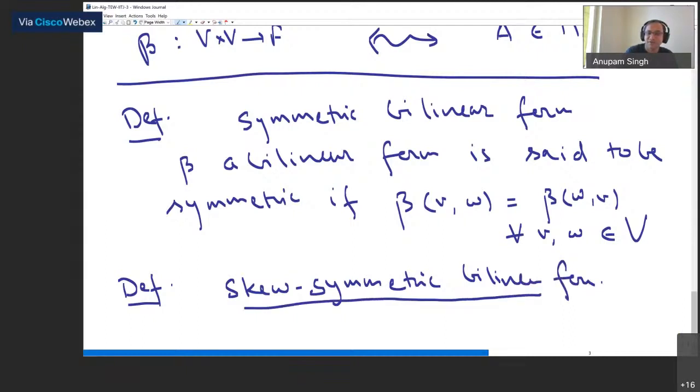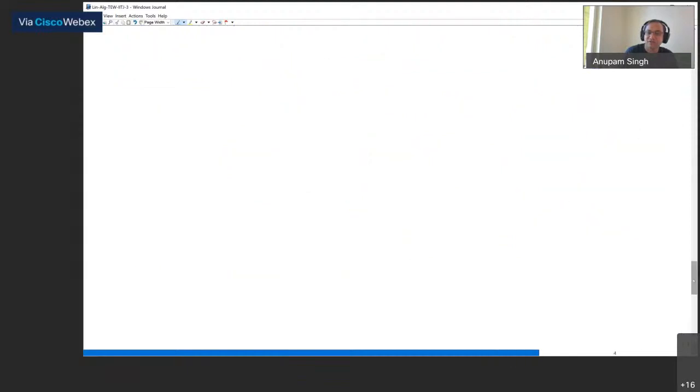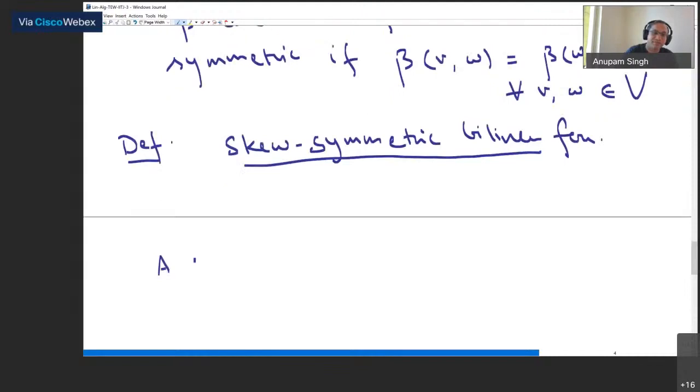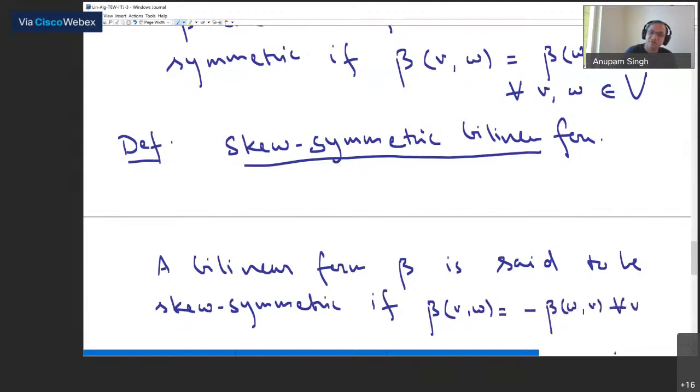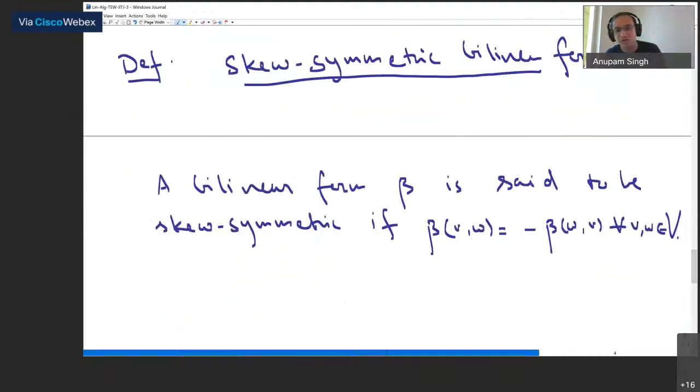So a bilinear form beta is said to be skew-symmetric if beta of v, w is minus beta of w, v for all v, w in V. Okay, so in skew-symmetric, if I interchange the coordinates, it should become the negative of that, right?